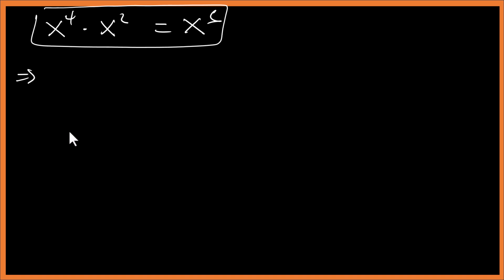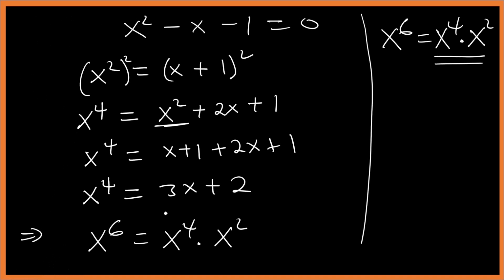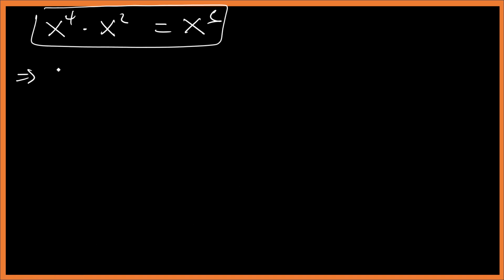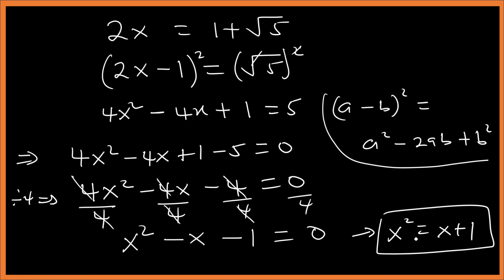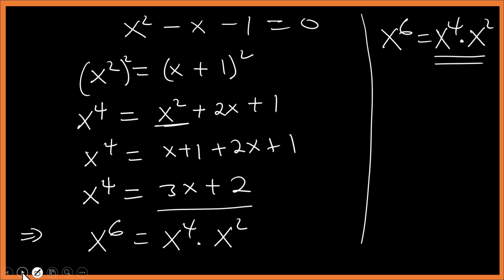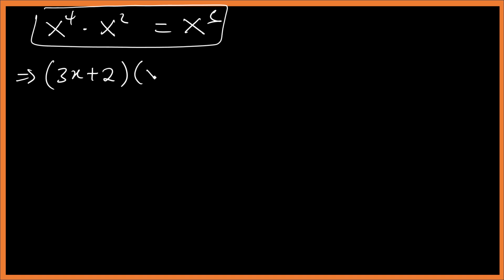So x to the power 4 is 3x plus 2, then x squared is x plus 1. So we have (3x + 2)(x + 1), which is the same as x to the power 6.